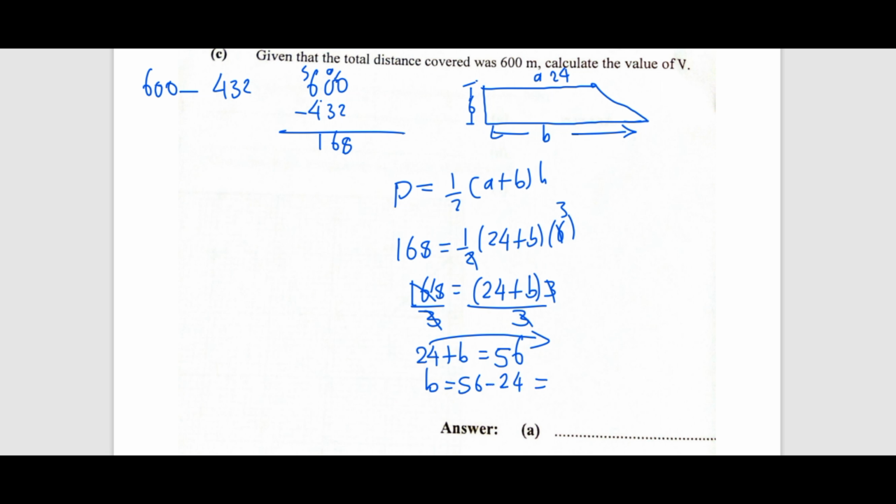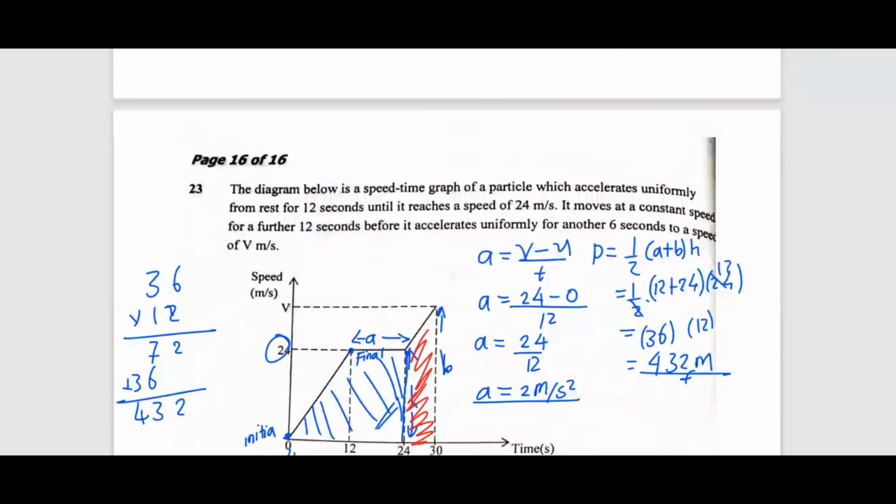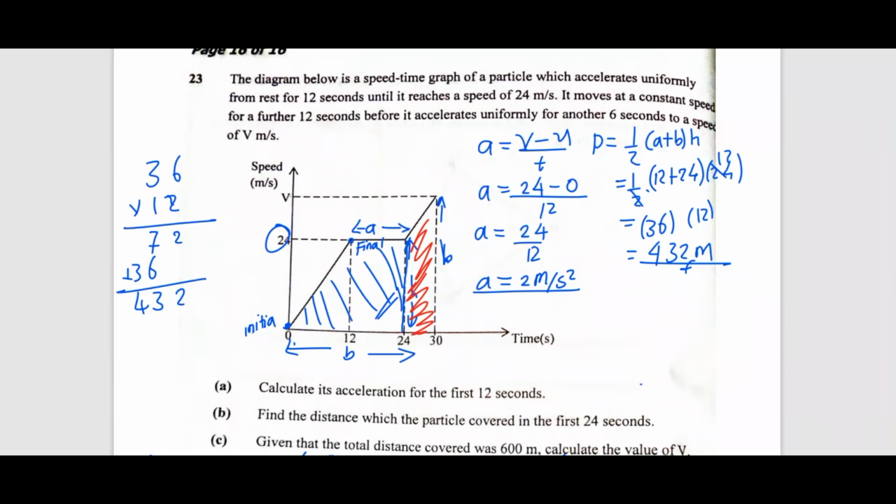So 56 minus 24. 6 minus 4 is 2. 5 minus this one is 3. So we have 32. So this means that at this point here, the speed was 32 meters per second. So this is how we can answer some questions.